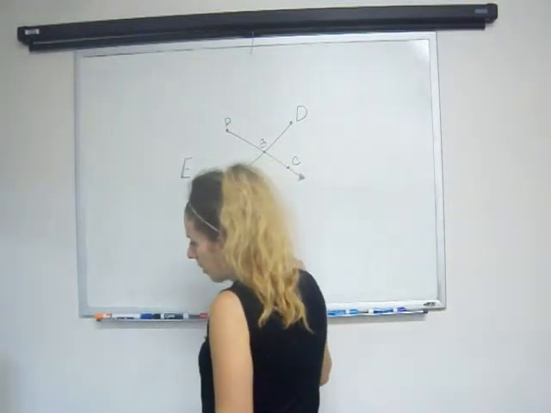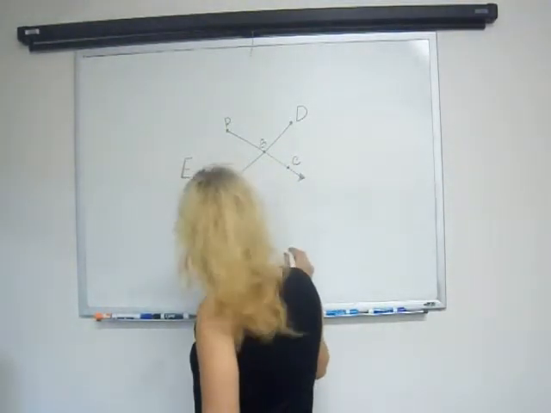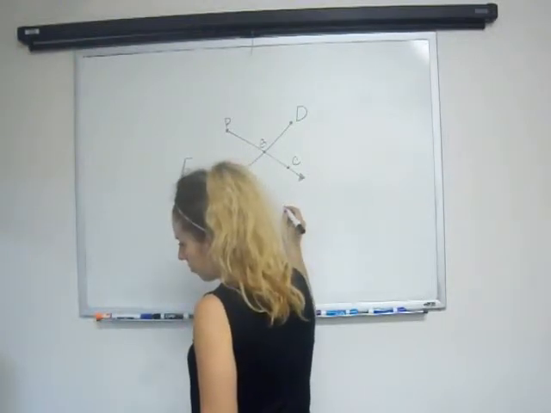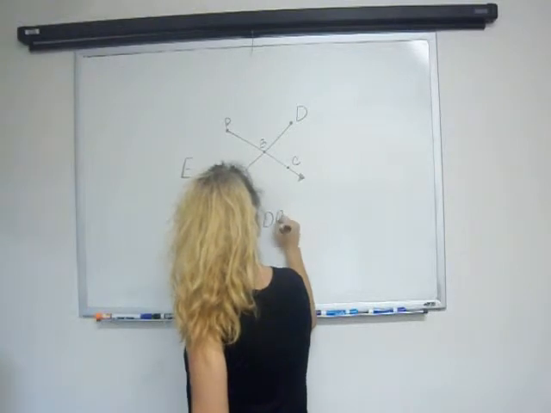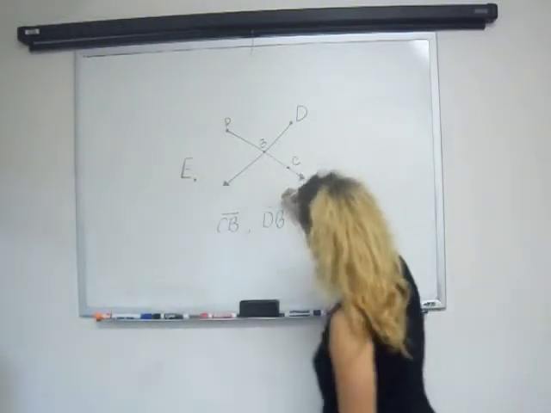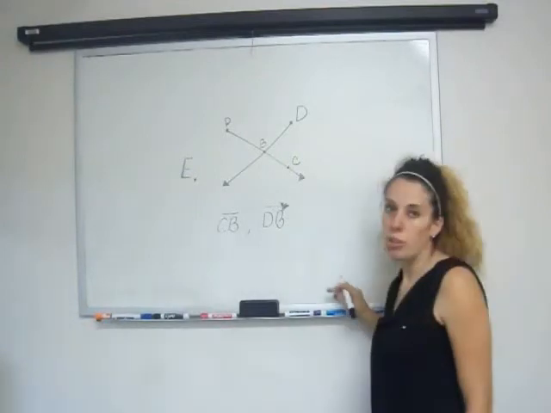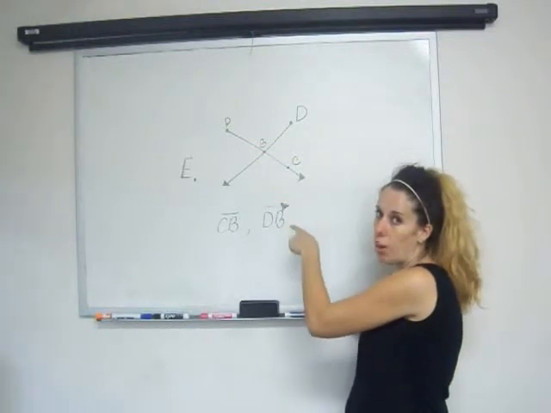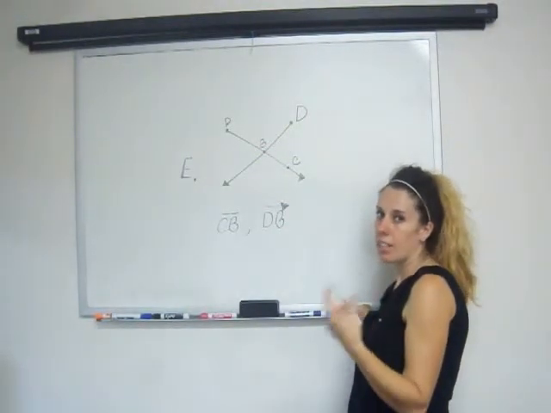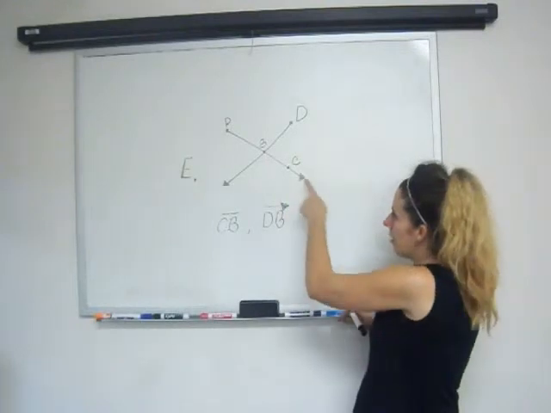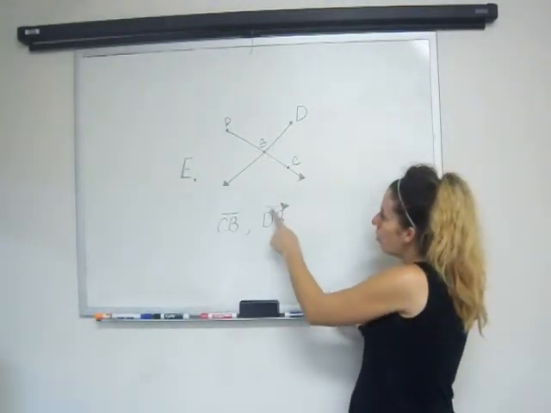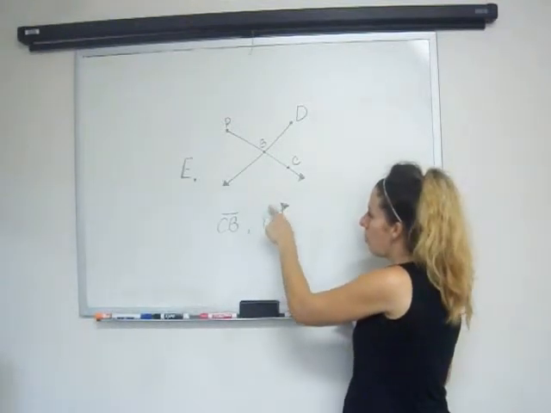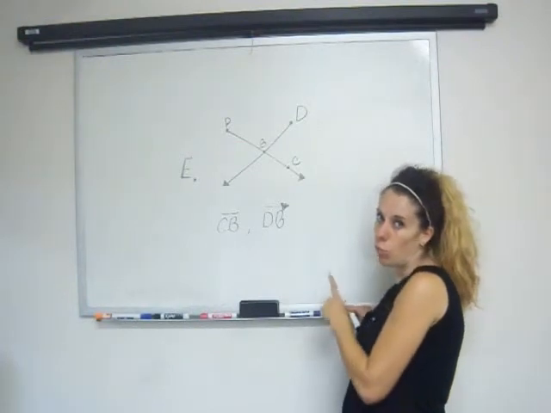And so how I'm going to write that is DB and a line with an arrow on it. So the definition of a ray is a line that has an end point, and then it continues on the other end. So we have the starting point, and then it continues only on one end. A line continues on both ends, a ray continues only on one end.